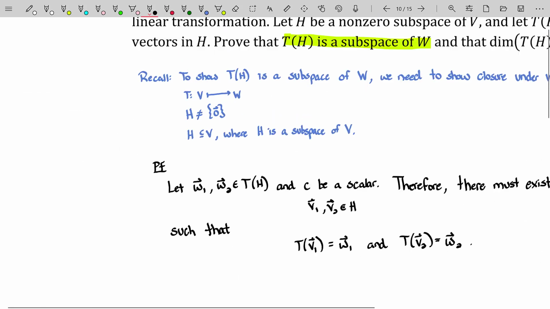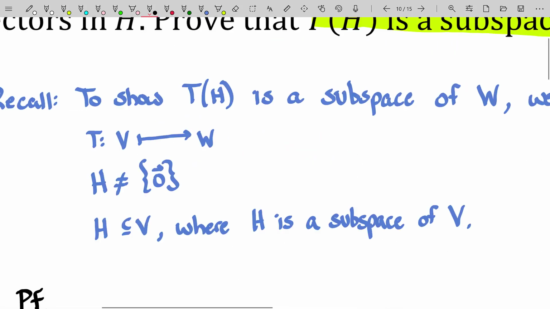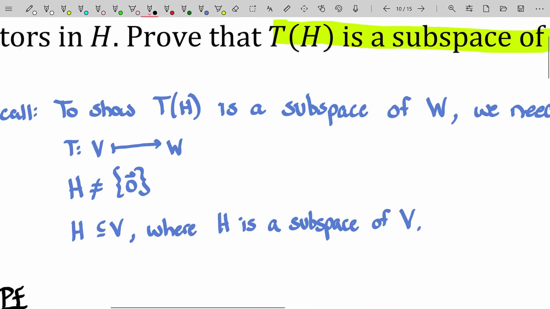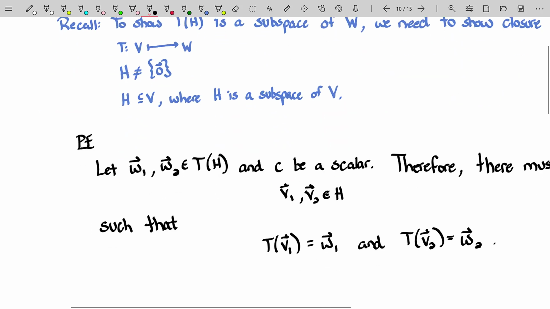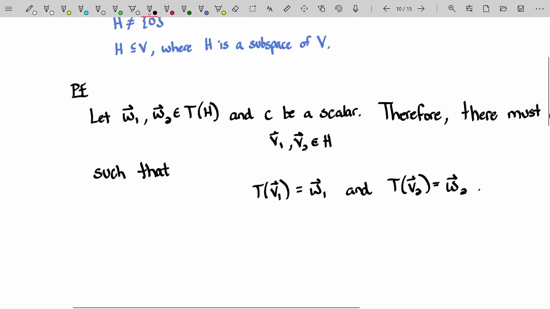Now remember what we want to show. We want to show that T of H is a subspace of W. So we want to make sure that when you add two vectors that are in T of H, that sum is in T of H. And when you have a scalar multiple of a vector in T of H, that resulting vector is also in T of H. The way that we're going to do this is in one fell swoop.